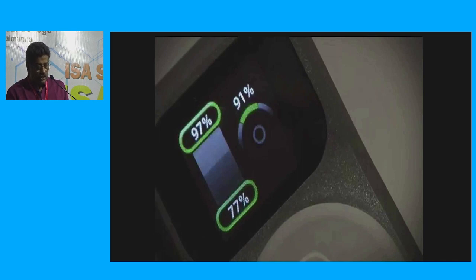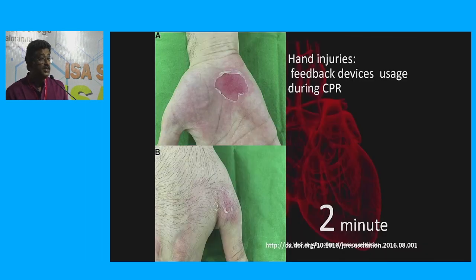One of the drawbacks they have studied with this feedback device is injuries. They measured those who did compressions for 2 minutes, that's 5 cycles, with the feedback device, compared to when it is not being used.